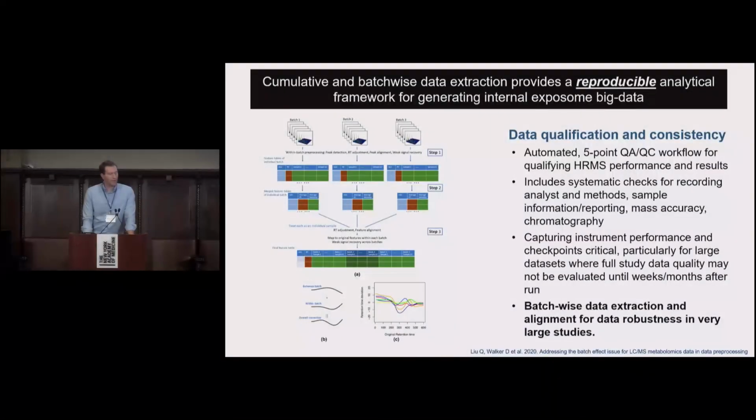And finally, we've created a data extraction framework that allows us to generate data tables from these large studies. Before, it's been challenging to reproducibly extract untargeted data from more than a few hundred studies. But now we're using cumulative and batch-wise alignment procedures that give us a reproducible analytical framework for generating internal exposome big data.